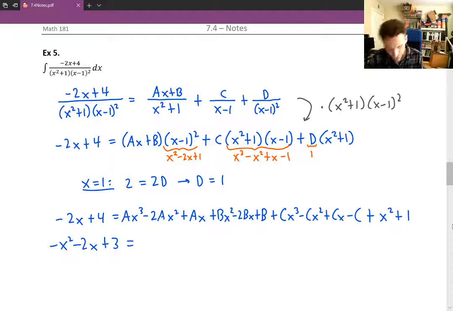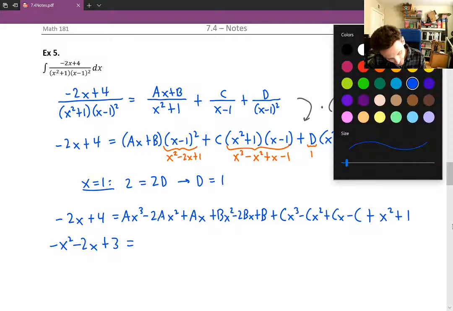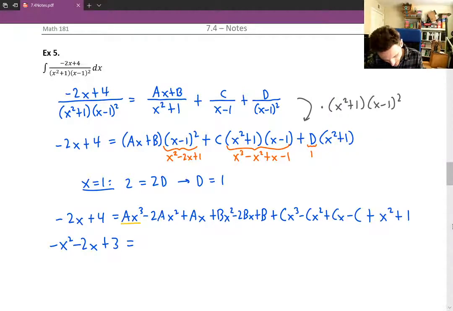on the left side. On the right side, we'll combine like terms and factor out the variable part of each like term. So for the x cubes, we have 2 of the x cubes. So we'll write a plus c times x cubed. Then we have some x squareds.